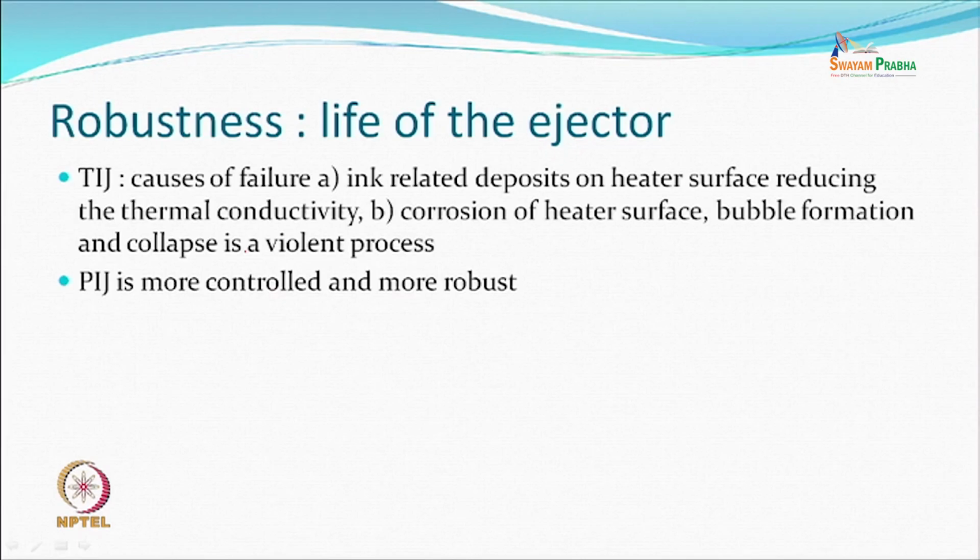Robustness, life of an ejector: thermal inkjet can cause failure due to the ink related deposits on the heater surface, reducing the conductivity, that is the heat generated is being blocked by something which has been deposited on the surface of the heater. Have you seen those immersion heaters? When you boil anything, you see something gets deposited on the surfaces.